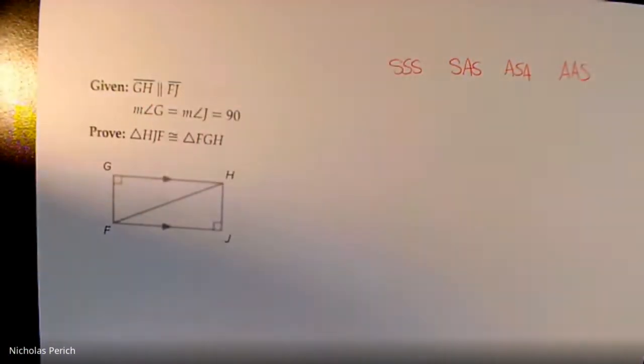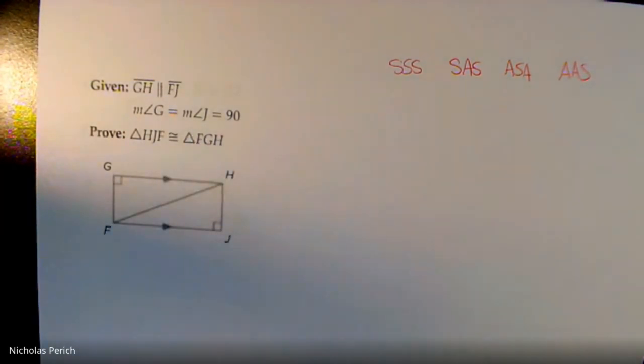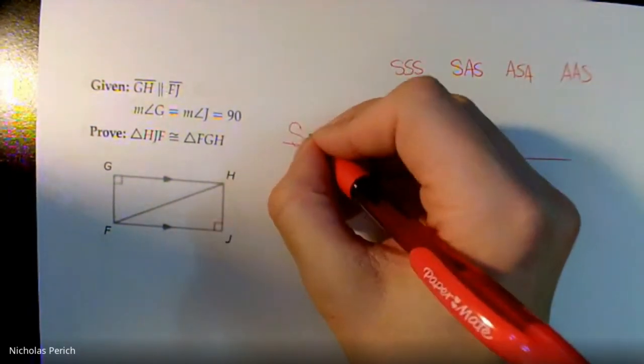GH and FJ are parallel. Cool. Angle G and angle J are 90 degrees, so we already have an angle. So let's do our statements and reasons.